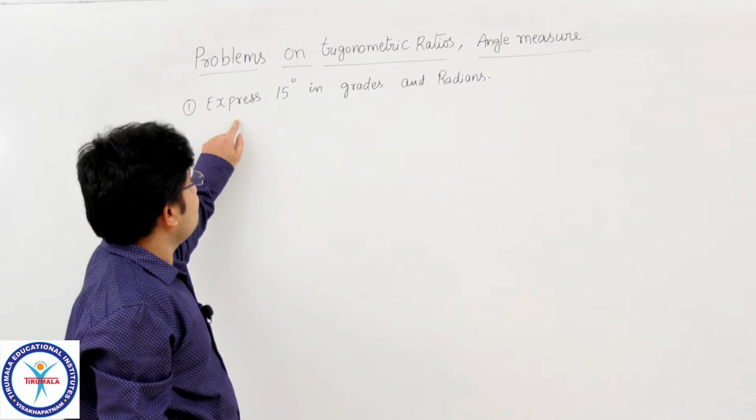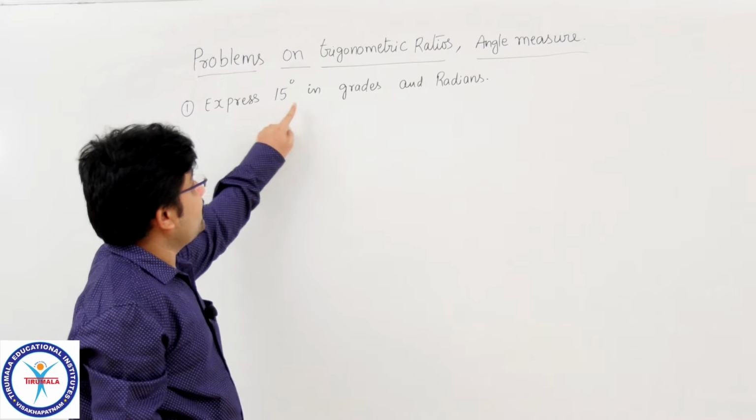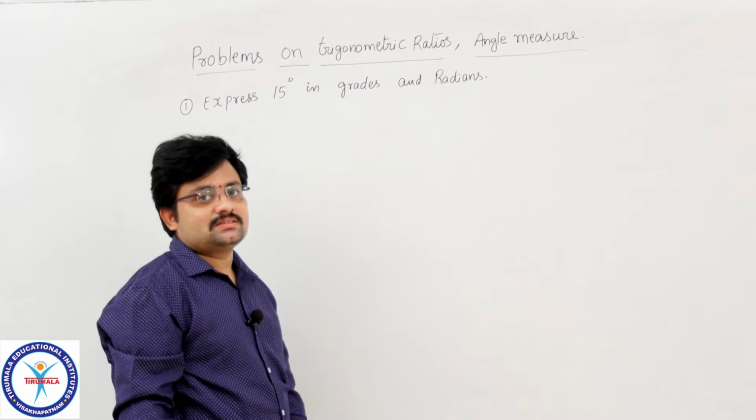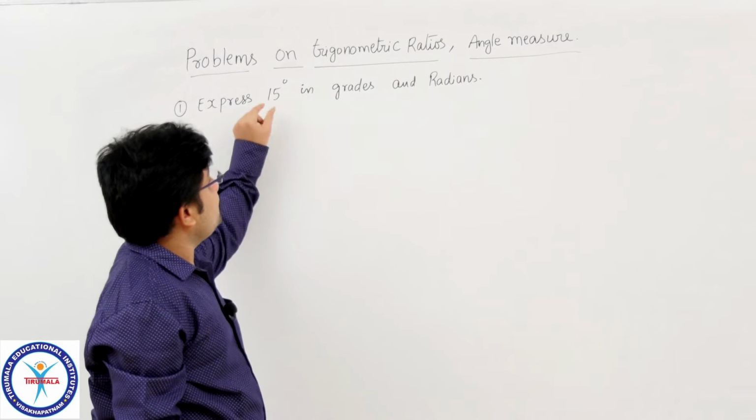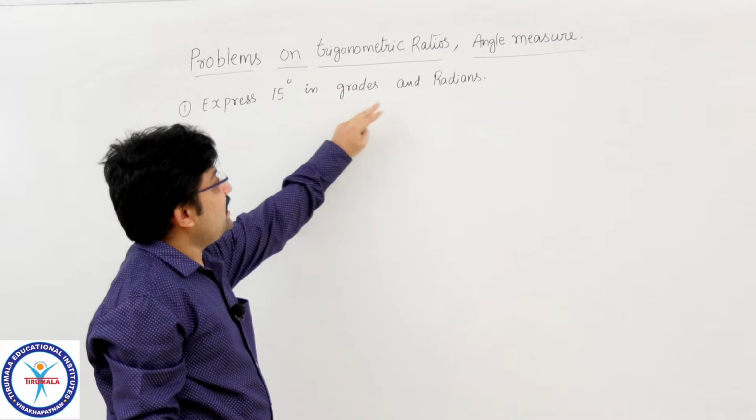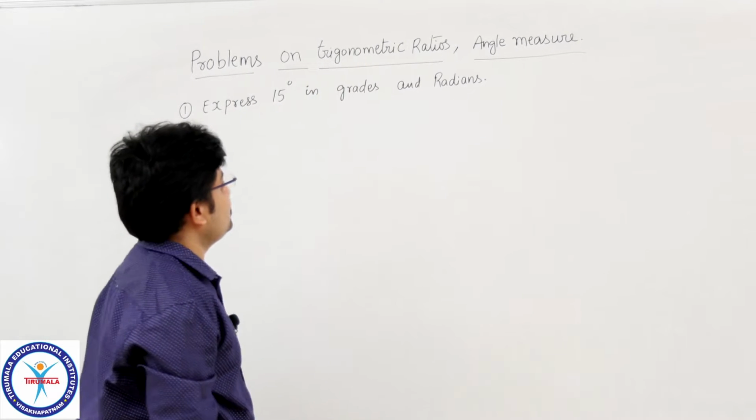Hi children, in this session we are going to solve some problems based on the angles and trigonometric ratios and allied angles. Now, the first question is express 15 degrees in grades and radians. That means we have to express the degrees in the other two systems.